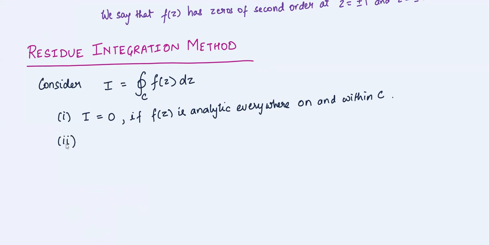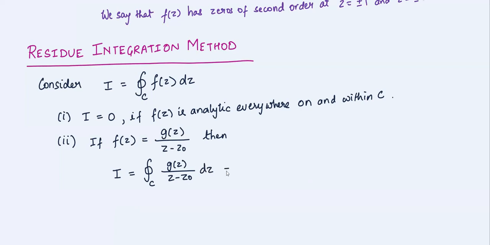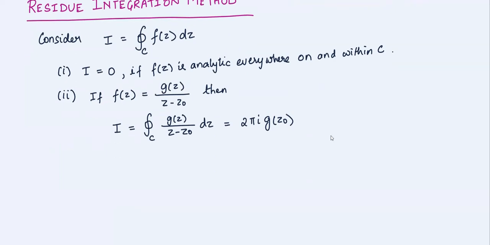And now if f of z is of the form g of z by z minus z naught, then by Cauchy's integral formula we have I is the integral of g of z by z minus z naught dz, which is 2 pi i into g of z naught.